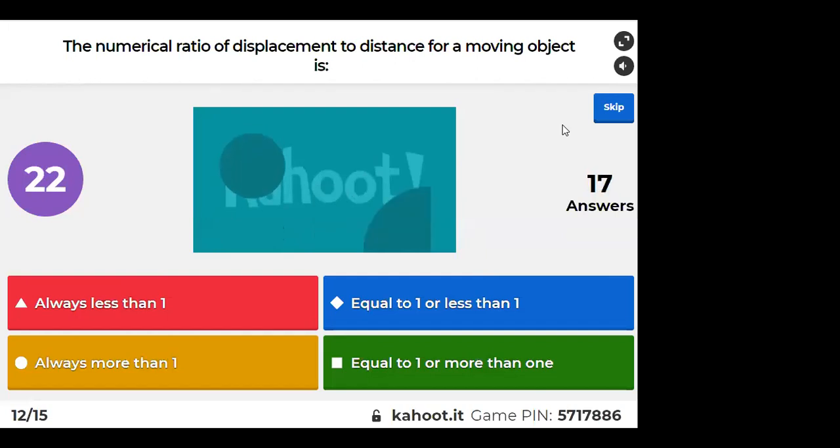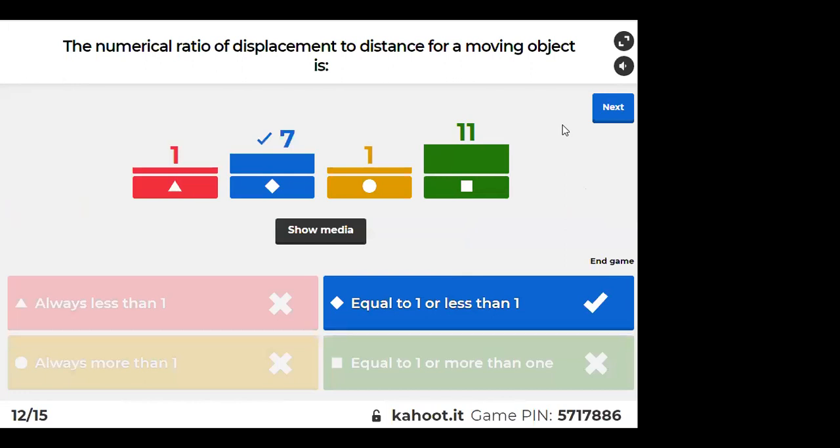See, it is displacement to distance. We studied now, sir, displacement is always less than or equal to distance.